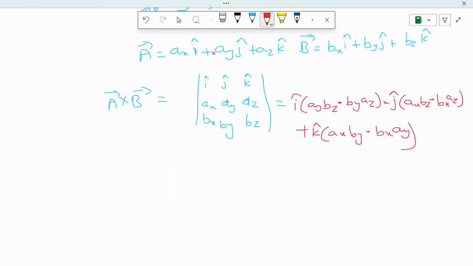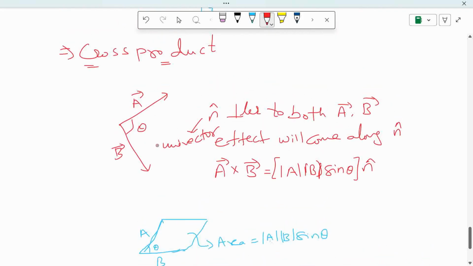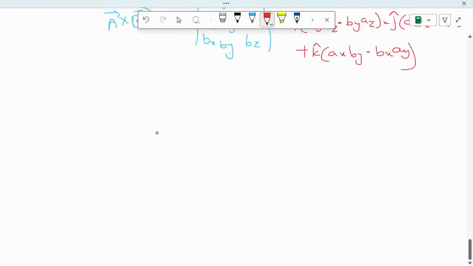So as I said, we use this when the effect will be in the direction perpendicular to both vectors. So for example, this is a straight conductor having length L, and its unit vector, for example, in L cap direction.